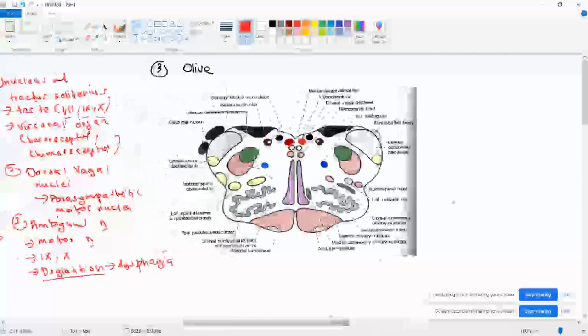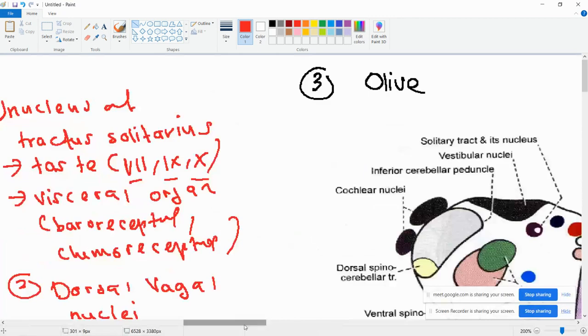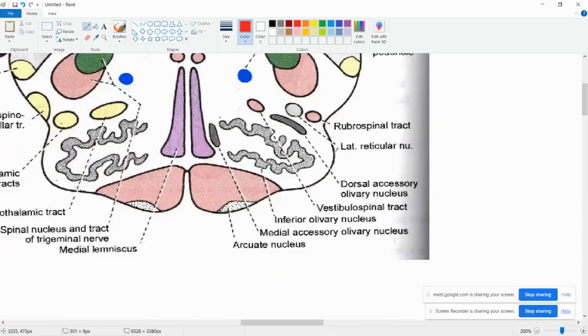The first structure, when we talk about the olive region, the olive area, which is the upper part of the medulla oblongata, the first thing you should remember is this nuclei. I'm very happy if you remember this nuclei. When we cut at the rostral part of the medulla oblongata, you can see this nuclei, which we call the inferior olivary nuclei.